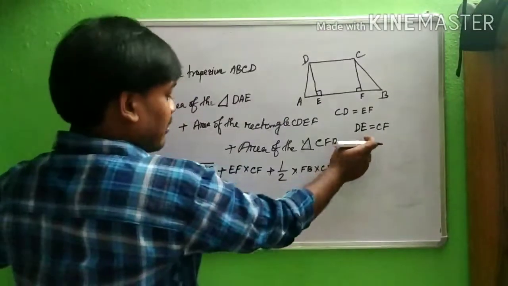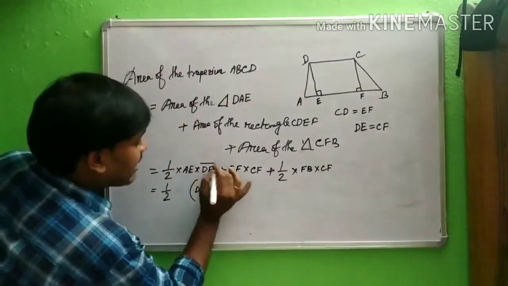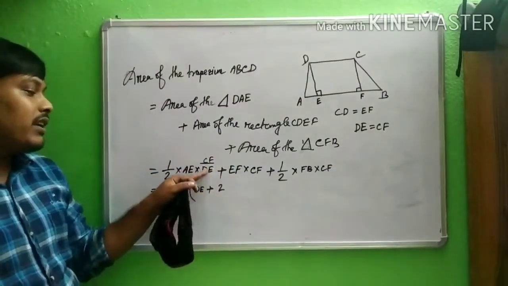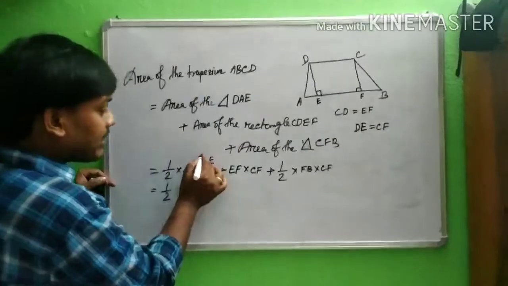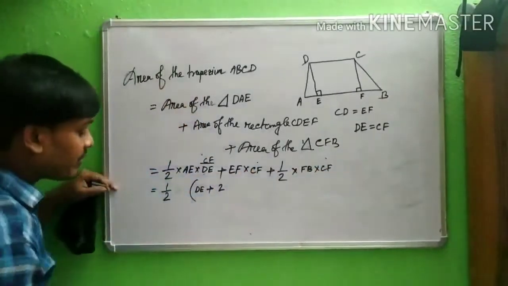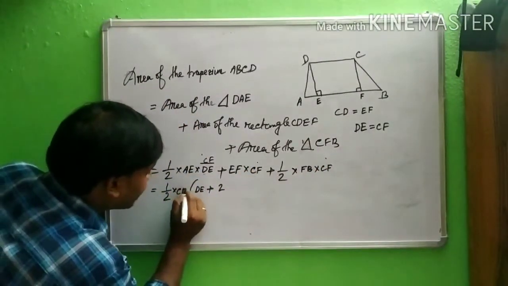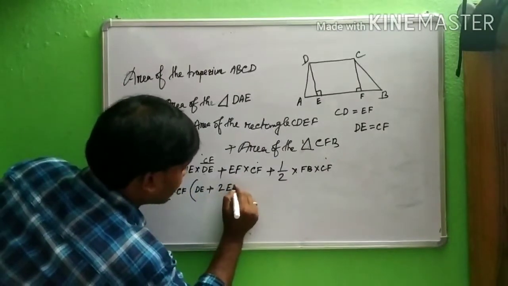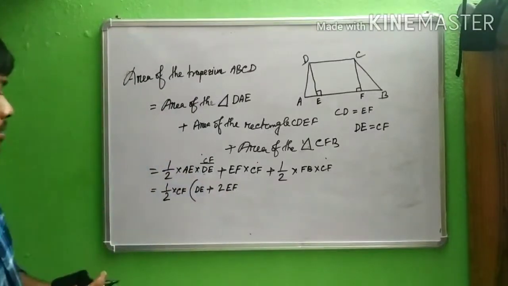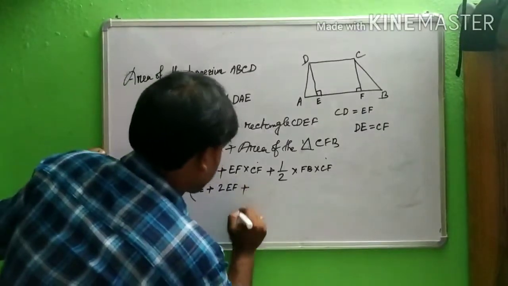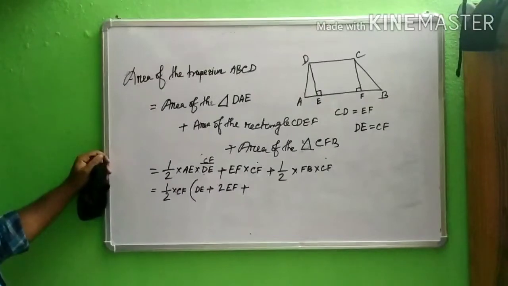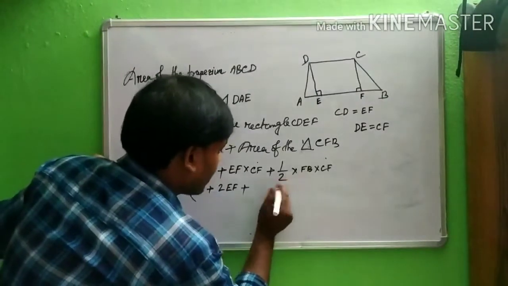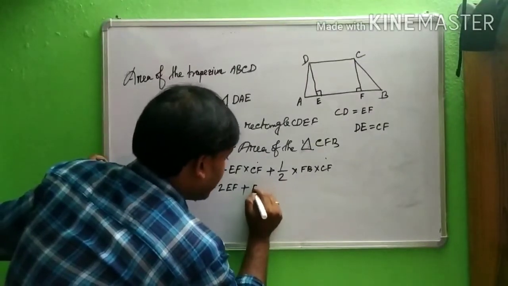Okay, so DE or CF is equal in value. So in place of DE we write CF. So here CF, here CF, and here also CF. So we take CF common. Then here 2EF plus FB.